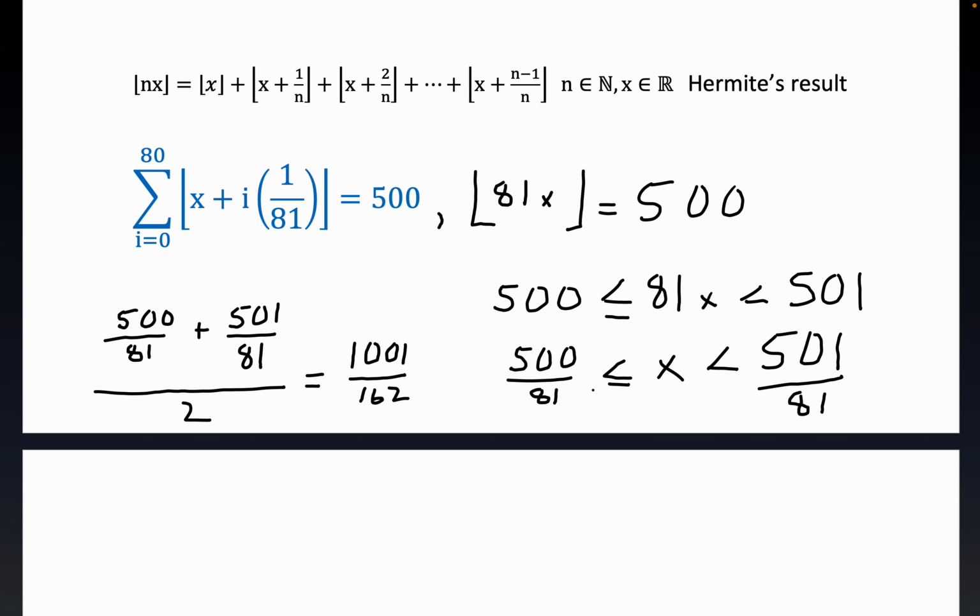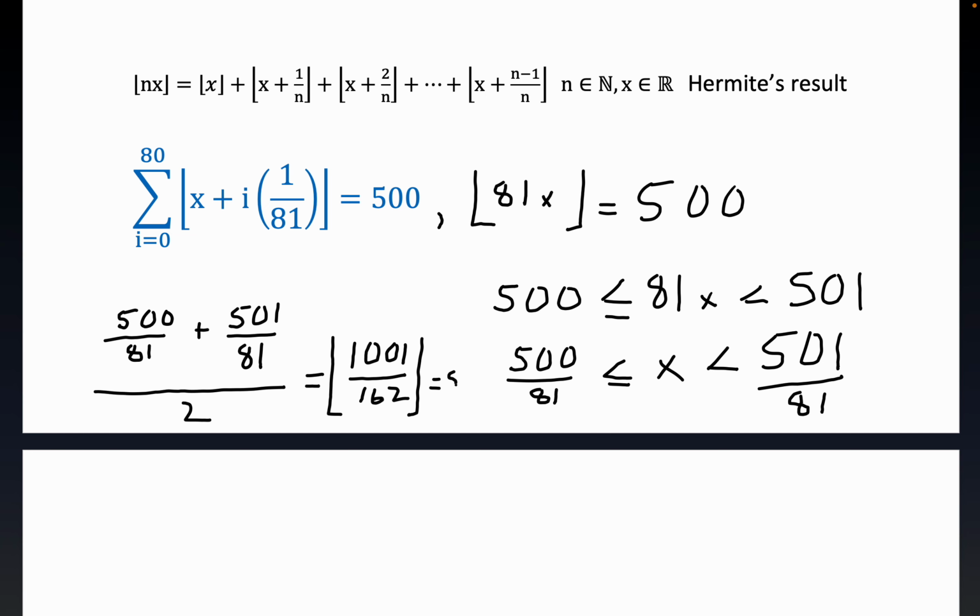This number is the midpoint, so it's contained in this interval, and that means it has to have a floor of 500. Since this number is definitely contained in this interval, it's an x that's trapped between these two values. We can write down that the floor of this is equal to 500, and we've proved what we set out to prove, folks.